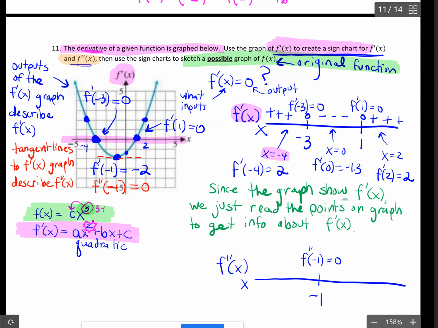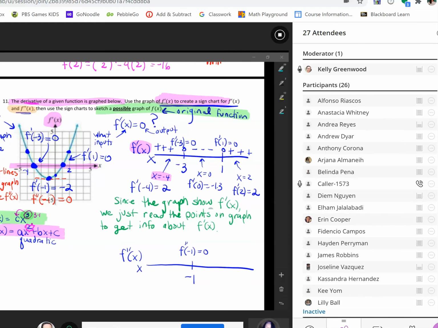Okay, so let me write this out. Since the graph shows f prime of x, and tangent lines are the derivative of the graph, tangent lines show derivatives of the graph.